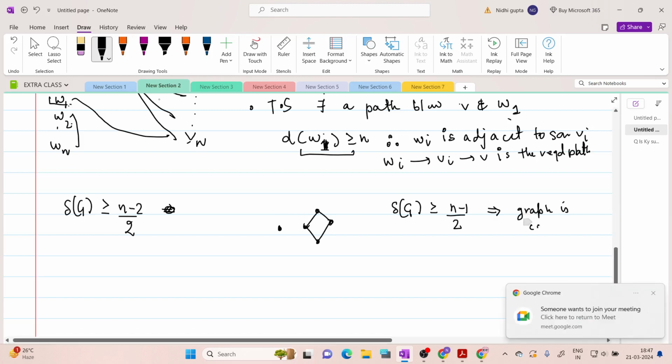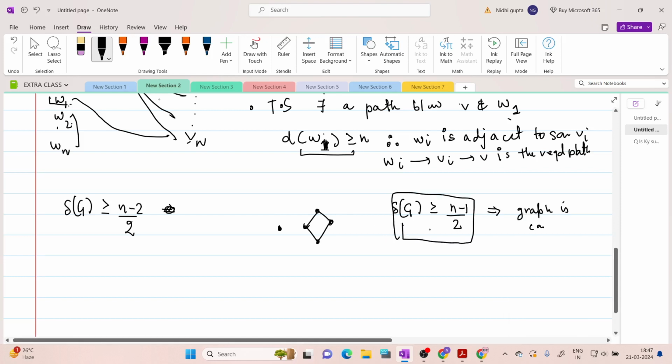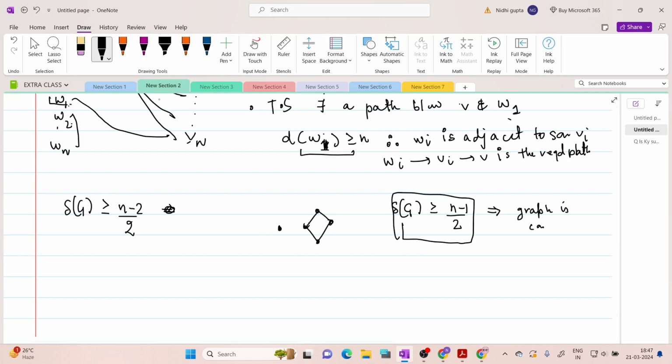But this statement is not saying anything when this condition is not satisfied. If you see this kind of graph, this graph has 5 vertices and minimum degree is 0. So this condition is not satisfied, right?